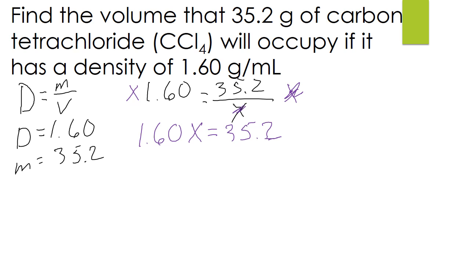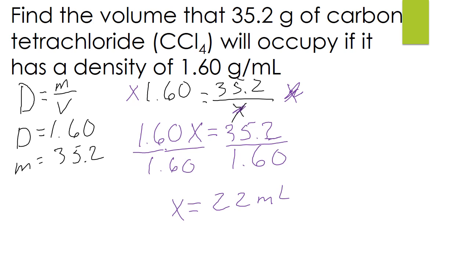Sorry, screen's a little tricky. Divide both sides by 1.6. And I'm going to get x equals 35.2 divided by 1.6, 22. You need a unit. It's volume. It's got to be milliliters. Okay. Moving on.